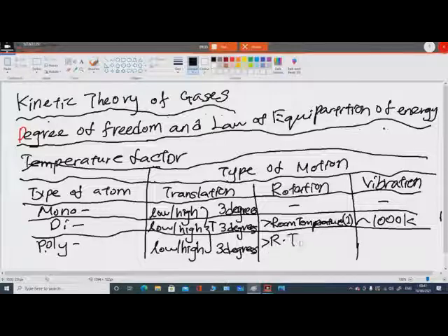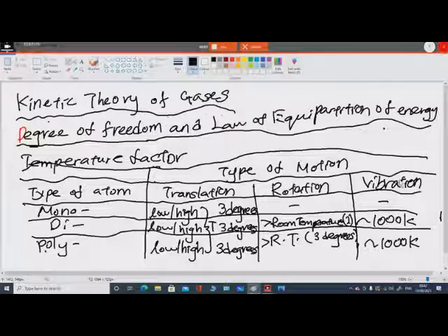The rotational motion we have for the polyatomic atoms is actually 3 degrees. The vibrational motion is the same, at 1000 K. Alright, so this is the temperature condition for every motion.